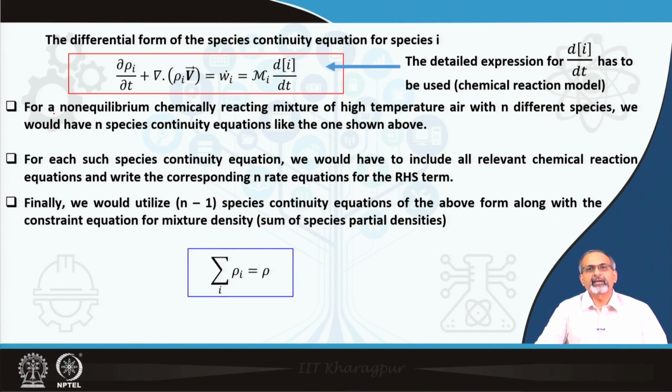Just to carry ahead with the discussion that we had in the context of inviscid flow, we recall that the differential form of the species continuity equation for a given species i was further written in terms of an expression like this: M i, the molecular weight, followed by d i dt, and for the d i dt, a detailed expression of the chemical reaction model was written in order to obtain this.